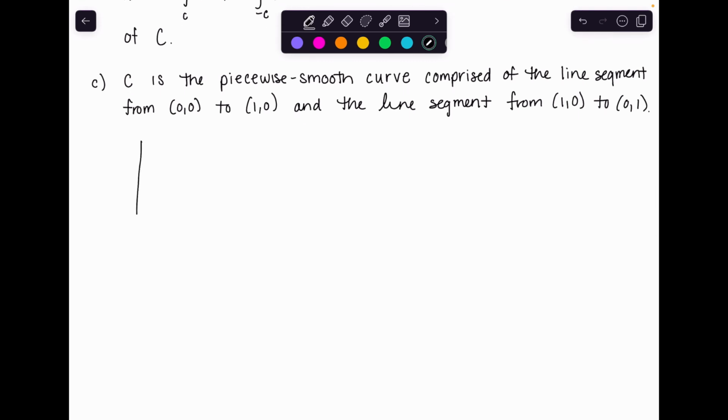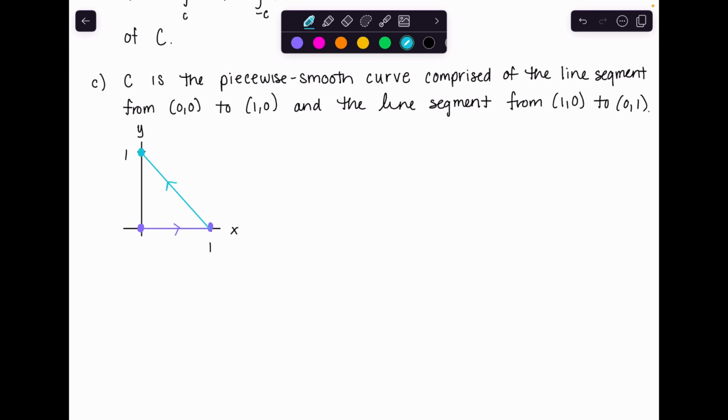So first thing I'm going to do is draw what this curve looks like. First I'm going from 0, 0 to 1, 0, and I'm moving in this direction. And then second, I'm going from here up to 0, 1.